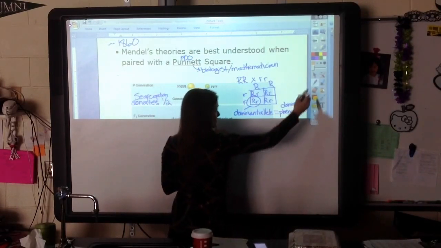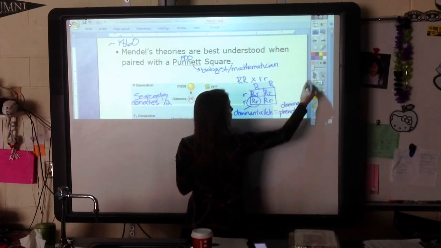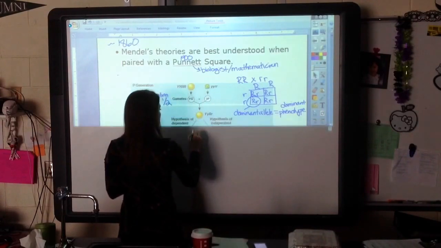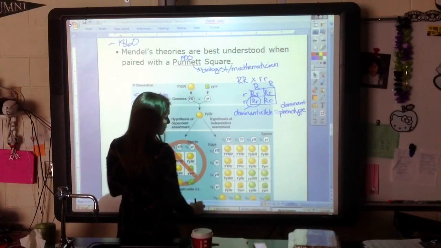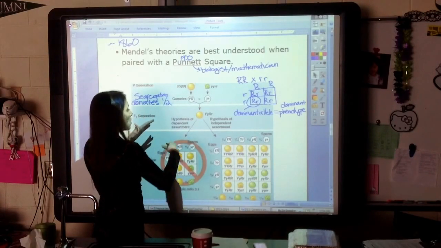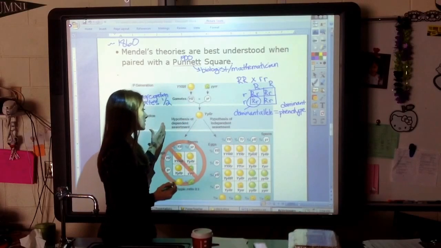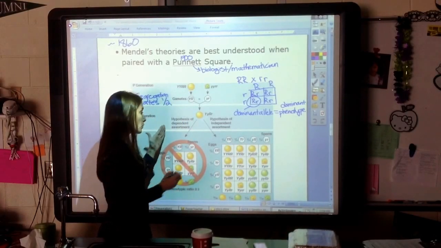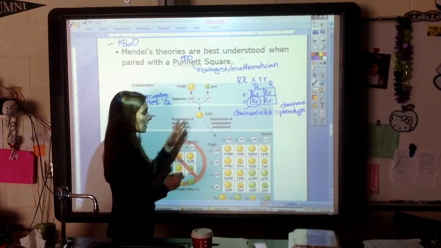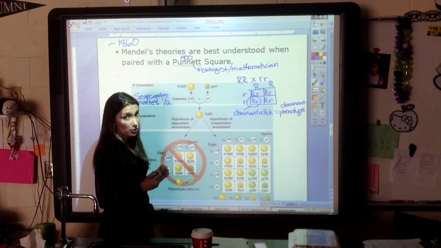And so Mendel's principle of independent assortment, remember, tells us that genes on separate chromosomes are inherited independently. What this diagram shows you is a hypothesis of dependent assortment, which is not true, and a hypothesis of independent assortment, which is true.